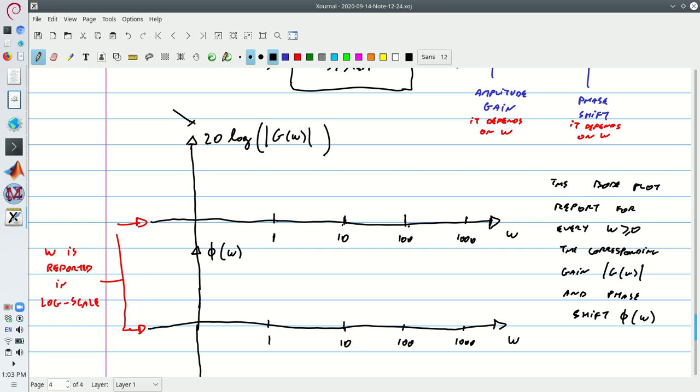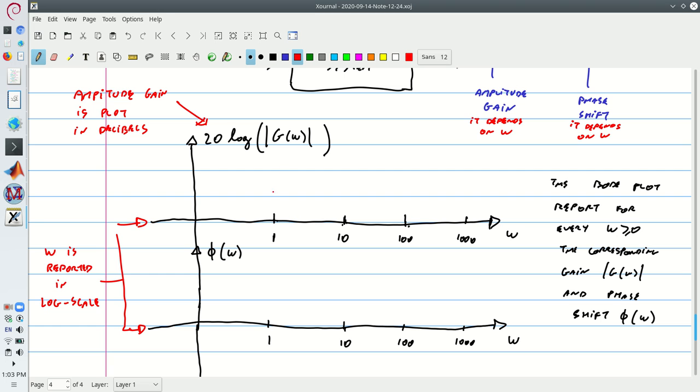So the other important thing is that amplitude gain is plotted in decibels. So this is how you draw it.